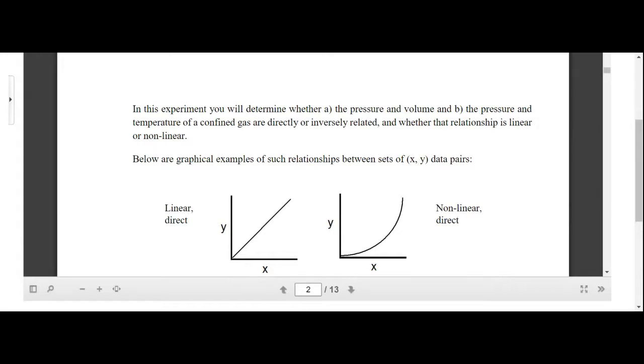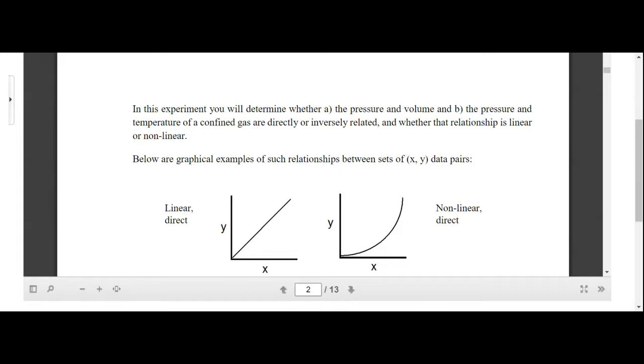So the smaller the area is, the higher the pressure. Pressure equals force over area. If you increase the force and you don't change the area, pressure is going to go up.